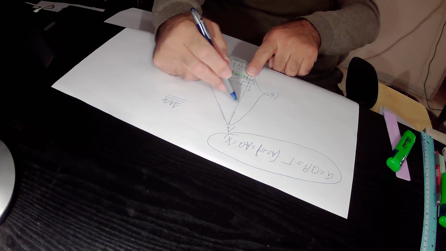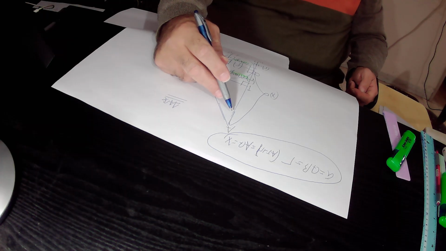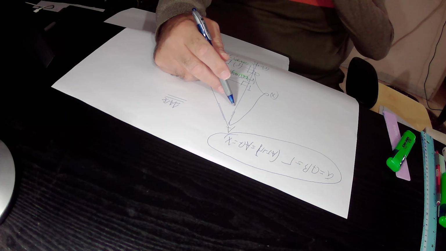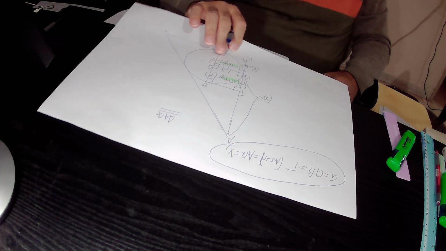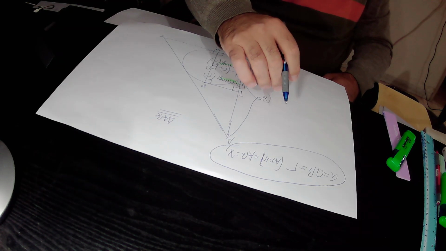AT is the length of this line segment. AT is a length, it is absolutely a positive number. AT plus R is definitely greater than R because AT is a positive number.